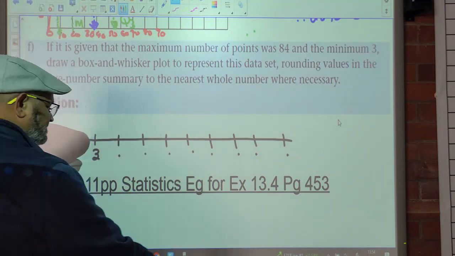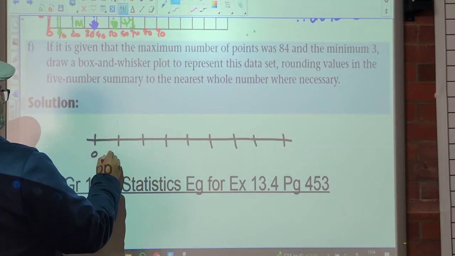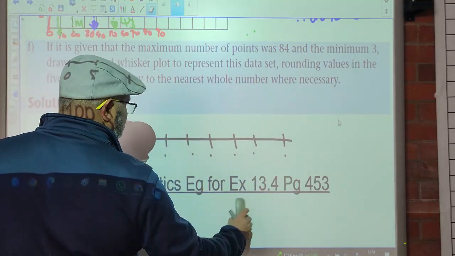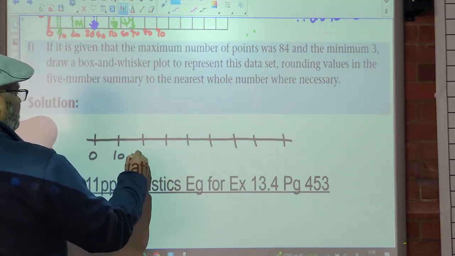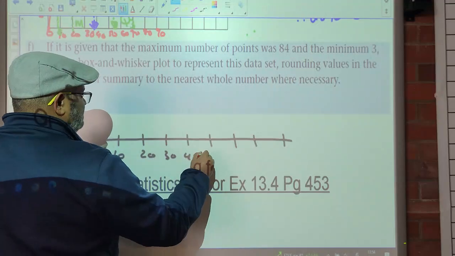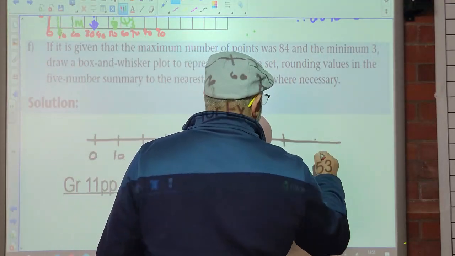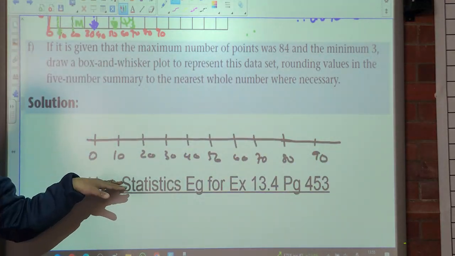Can you see that, people? So I'm rather going to go with 5s. So 0, 5, 10, 15, 20, 25, 30, 35, 40. Not going to work. So I'm rather going to go with 10s. So 0, 10, 20, 30, 40, 50, 60, 70, 80, 90. Evenly spaced. Can you see how evenly spaced with the ruler?